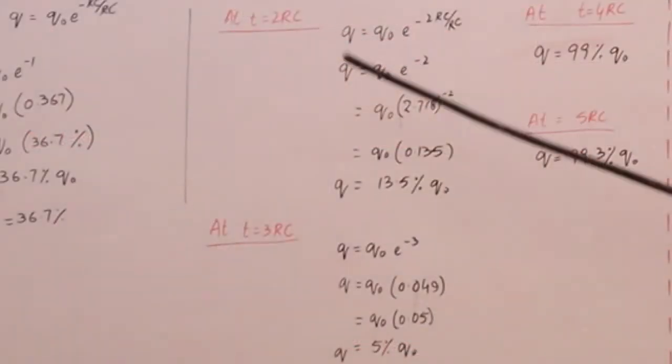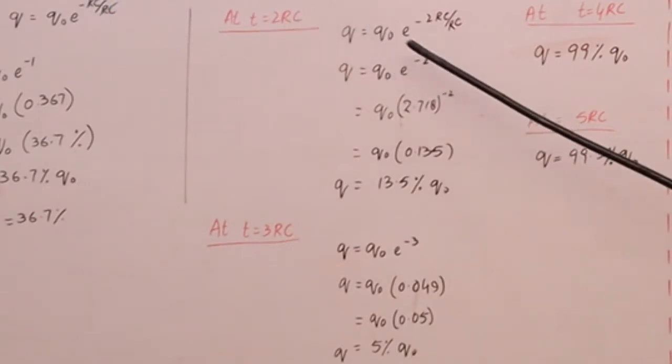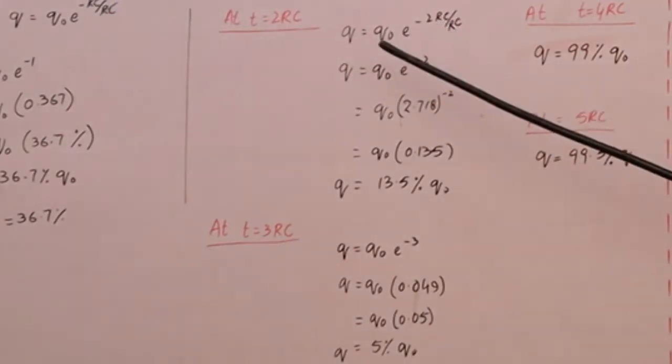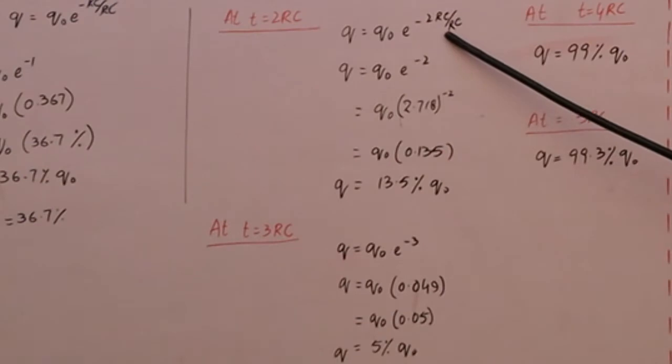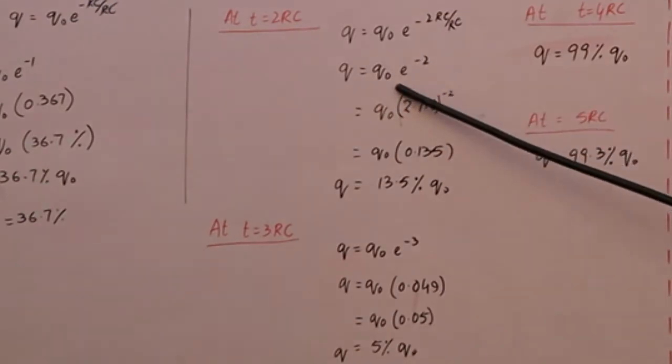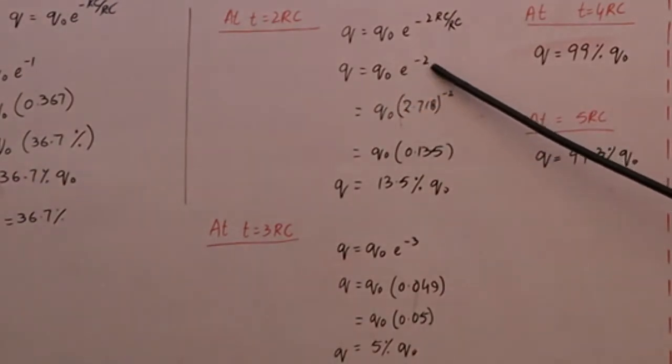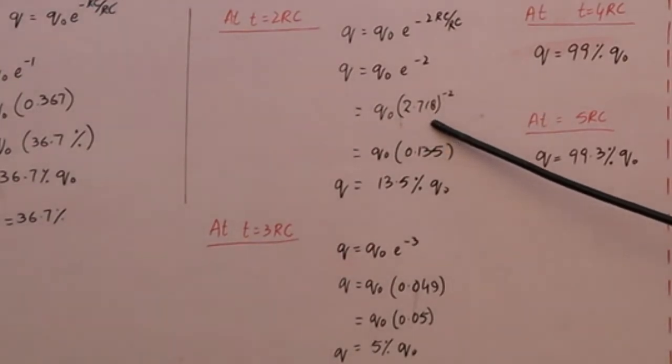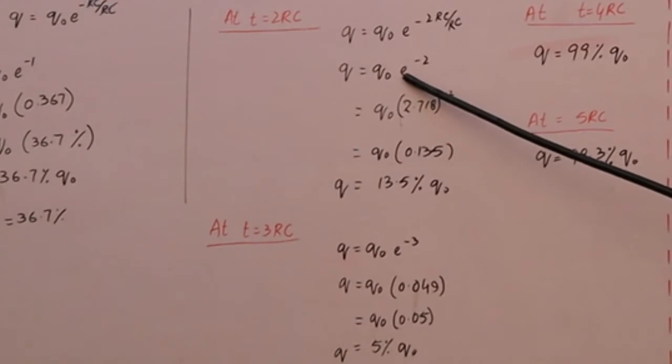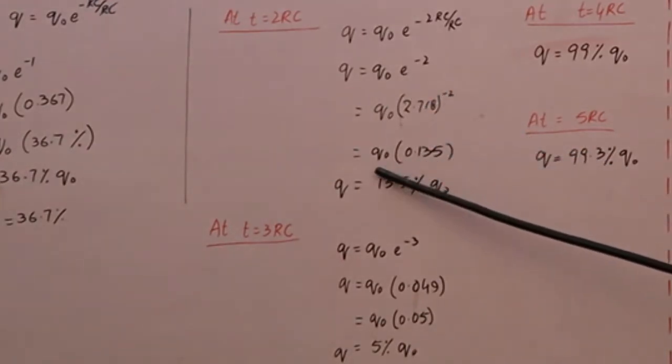After t equals 2RC, when two time constants are passed, we put 2RC in place of time over here. Q equals Q naught e power minus 2RC divided by RC. Q equals Q naught e power minus 2. Solve this, you will get 2.718, this is the value of e, Euler's constant, to the power minus 2.